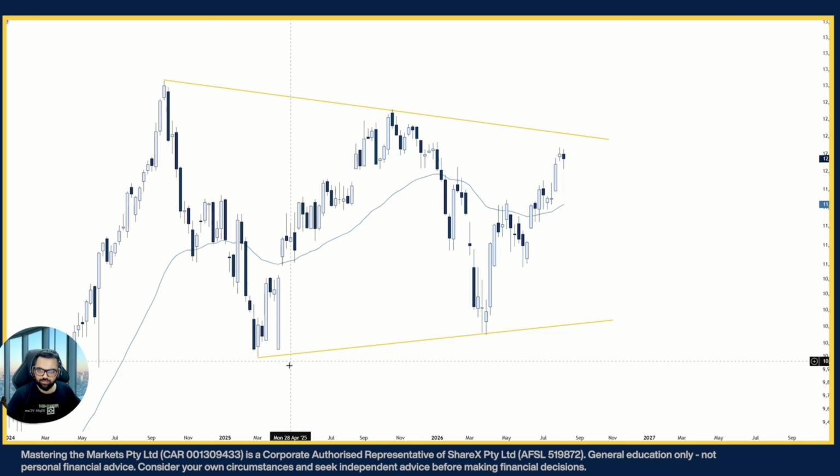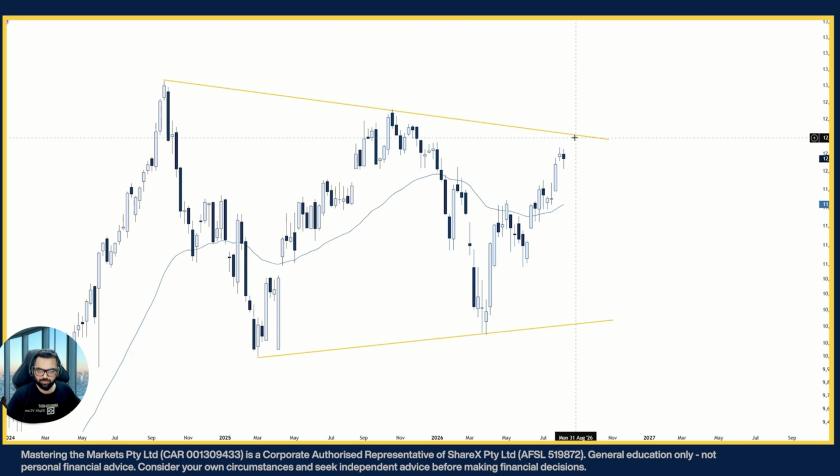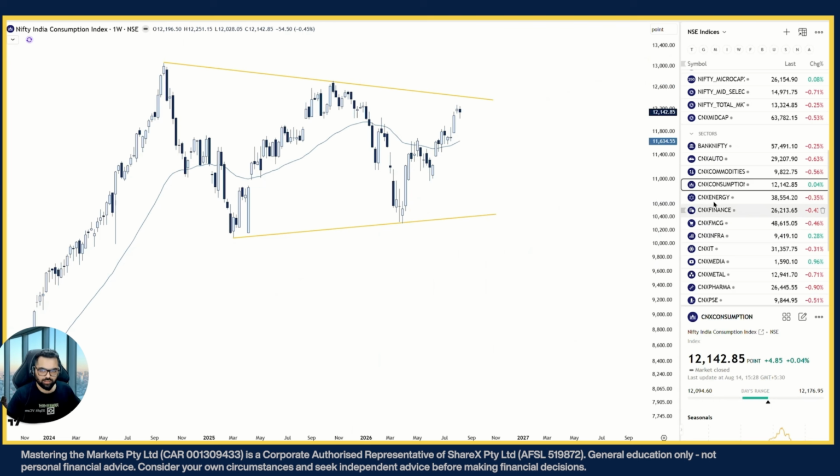So if this is a bigger triangle, then there would be one more leg pending on the downside, which can eat up a lot of time and again go into underperformance. So I think the final confirmation on this sector should be to cross above this trend line, or even better, to cross above this last year's highs to rule out any serious correction or one more leg down in the triangle itself.